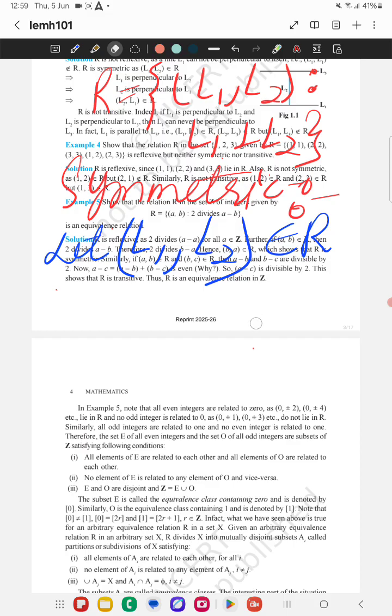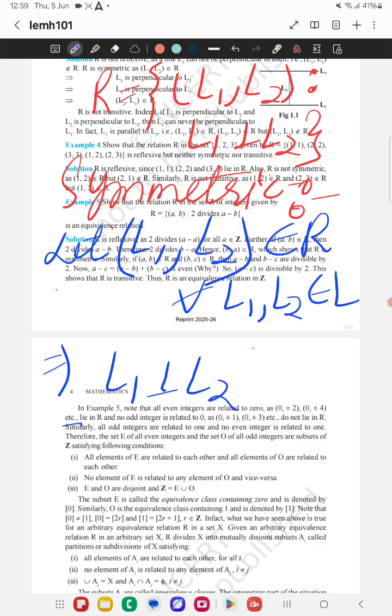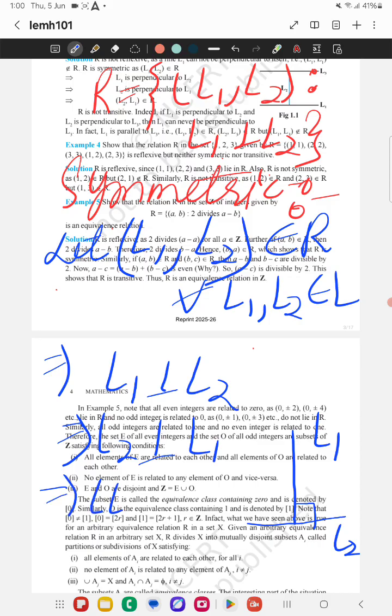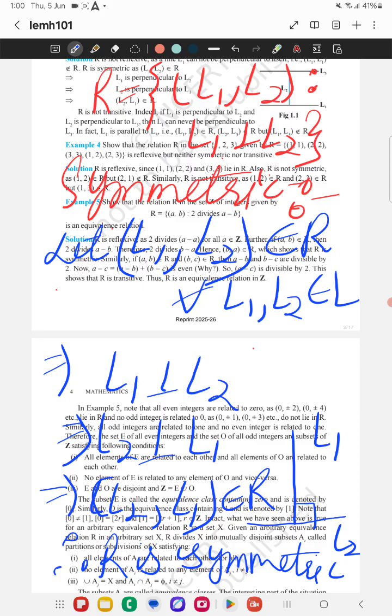Here you have to mention for all L1, L2 belongs to L. If line 1 is perpendicular to line 2, then line 2 is also perpendicular to line 1, which implies that (L2, L1) belongs to R. Therefore R is symmetric relation. Clear?